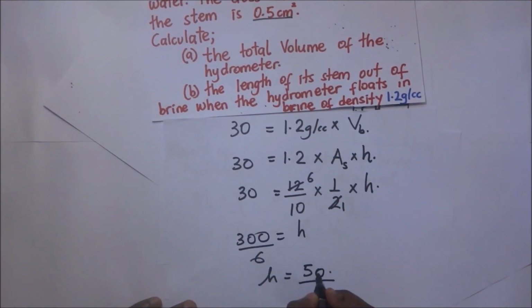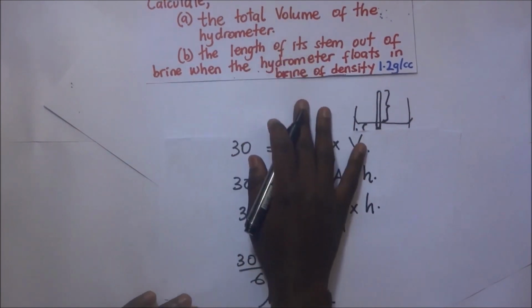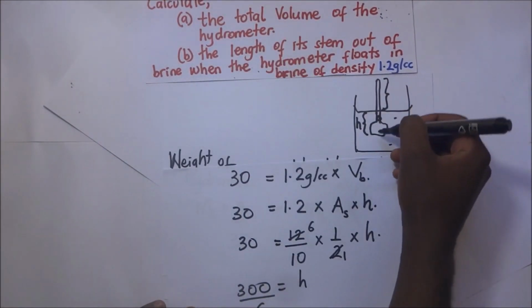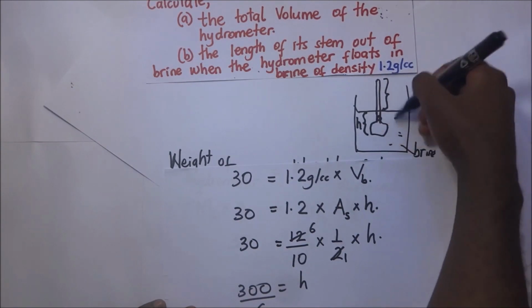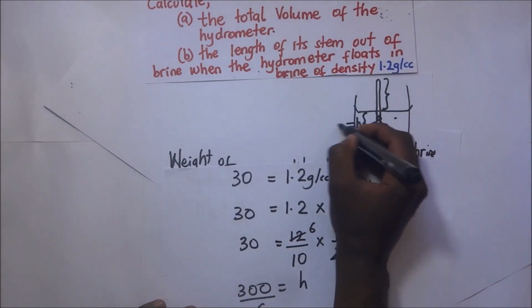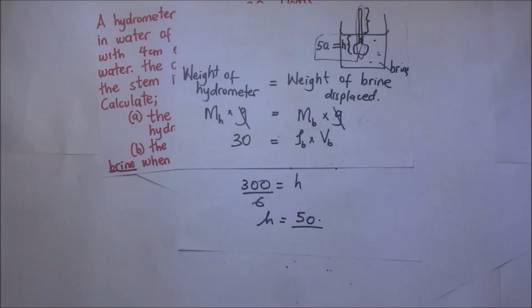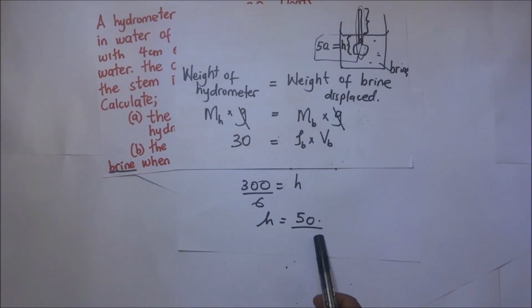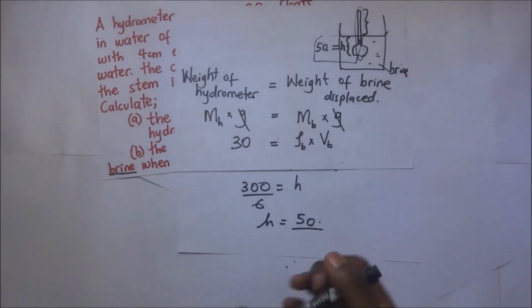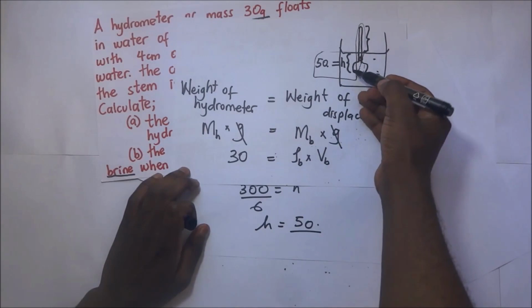So we've got our value of H as 50. This means that when we dipped this hydrometer into the brine, the height submerged was 50.